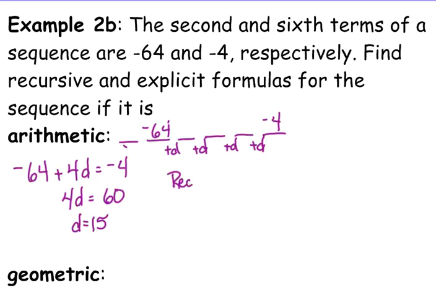So our recursive formula, you can check it if you want to by seeing if the terms work out, but I'm just going to go ahead and go on with my equation for the recursive form. I do need to find a sub 1 though, because my recursive formula always requires that I tell what the first term is. So if I'm going the other way, that would mean I started at negative 79.